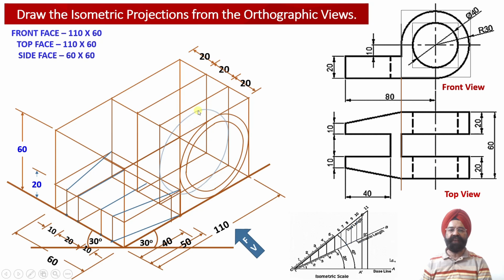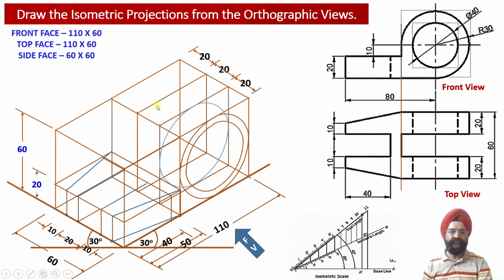Using the same four center method, we are going to obtain an elliptical construction corresponding to the inner surface of web number 1. Here we need to understand that only this portion of the circular web will be visible to the observer from this side, whereas this portion will be covered by the thickness of the first web.